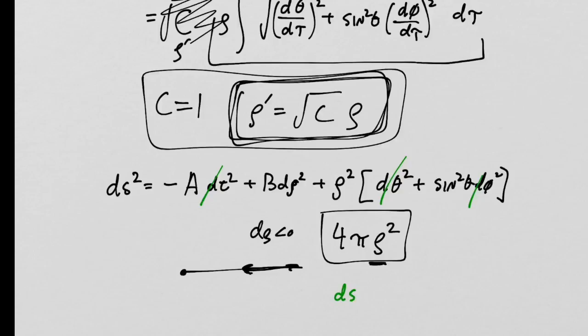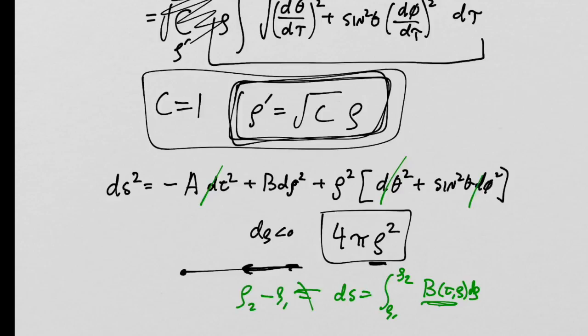Well, that distance will be s equals the integral from rho 1 to rho 2 of b(t, rho) d rho. But this does not equal rho 2 minus rho 1.